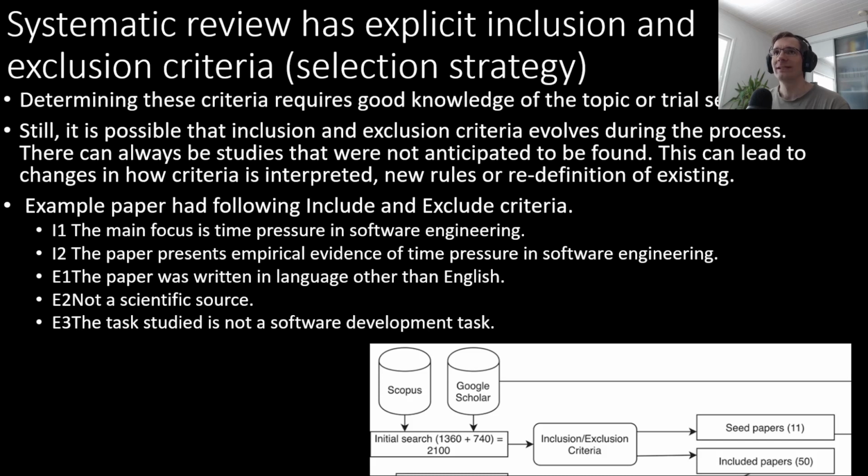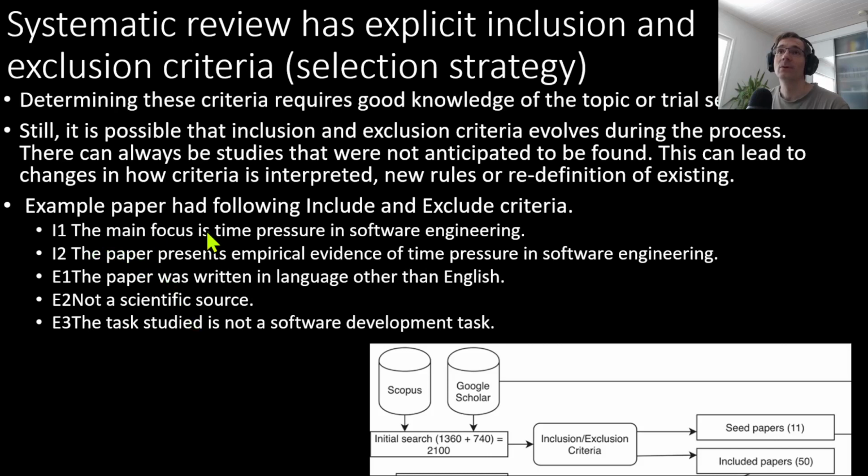There can always be studies that were not anticipated to be found, and if such studies are discovered, this can lead to changes in how the criteria are interpreted, new rules in the criteria, or a redefinition of the existing inclusion and exclusion criteria. In this example paper, we had 2 inclusion criteria.